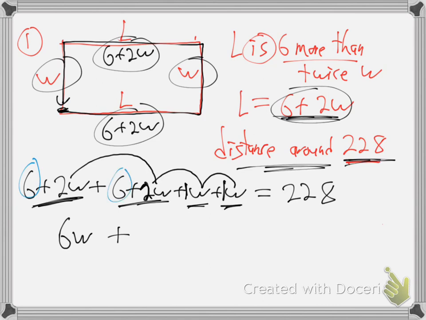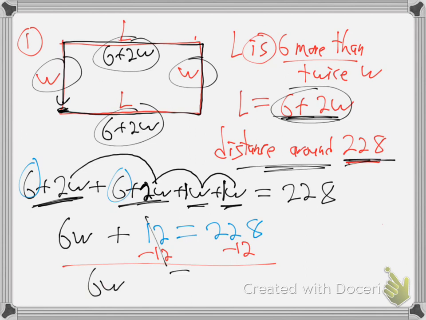Everybody agree? 6 and 6? 12. That's 228. So what do we do now to solve for W? Yeah, right. Subtract the 12 from both sides. And we get 6W. These are gone. What is that? 216. Last step to get W alone.